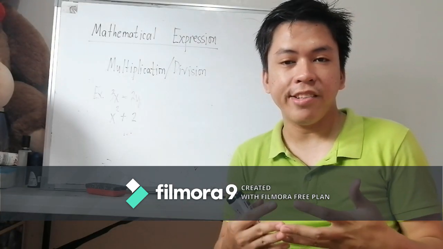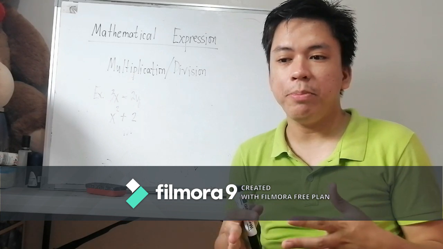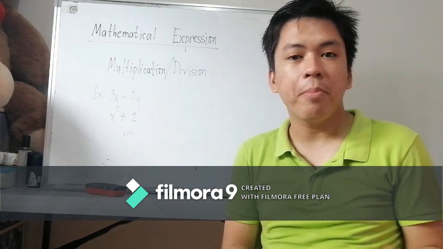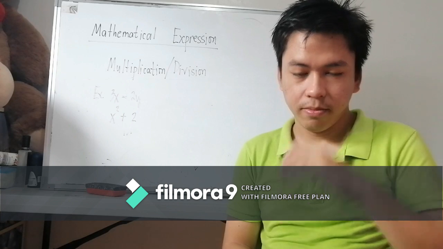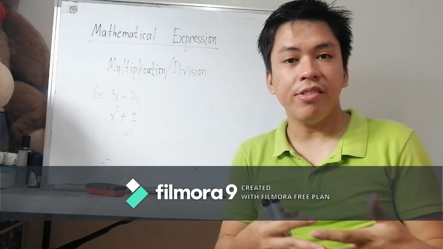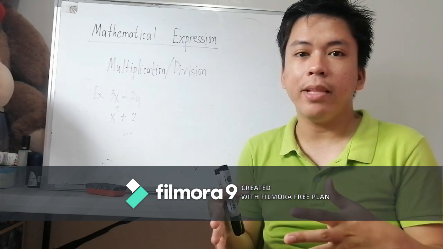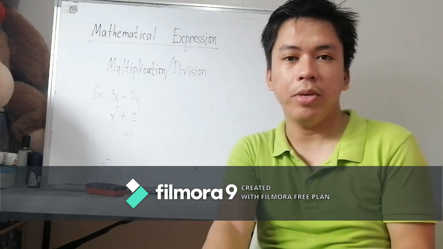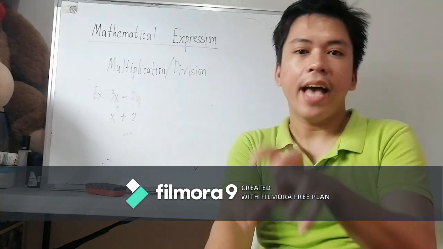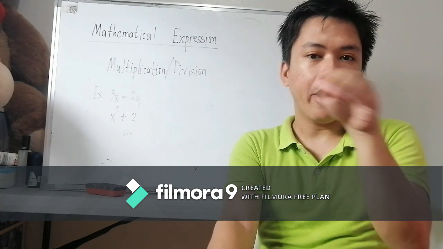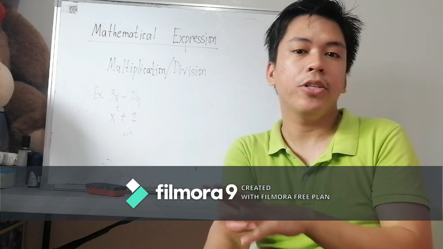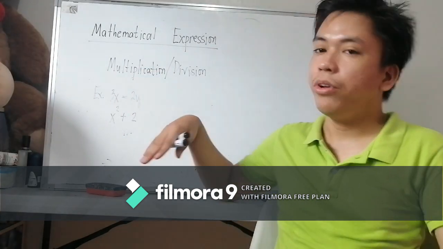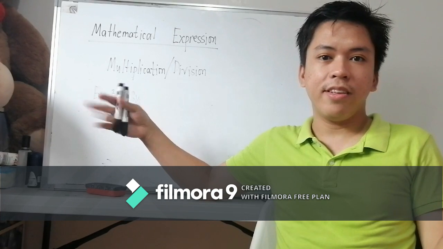Okay, now, in the previous example we multiplied a polynomial by a monomial, which means that the monomial is distributed to each term of the polynomial. Now, what if they're both polynomials?